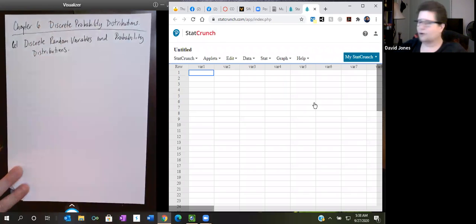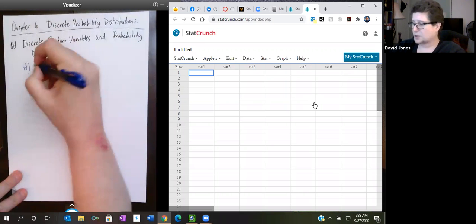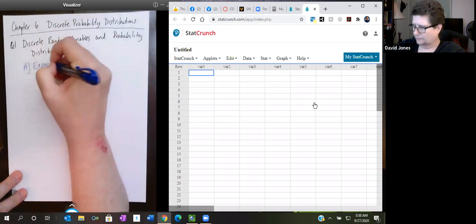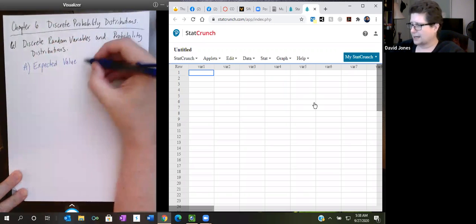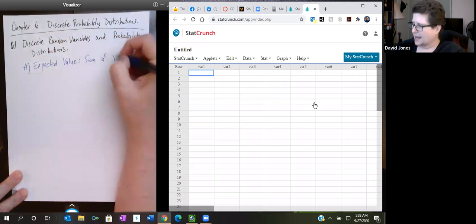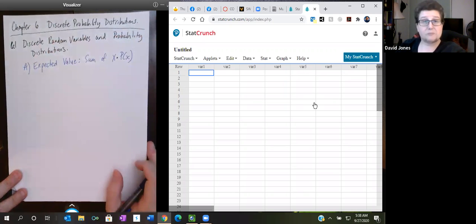And what you need to know from there, in summary, is the expected value. We're going to take the sum of x, our values, times the probability of x. And I'm going to lecture on this.